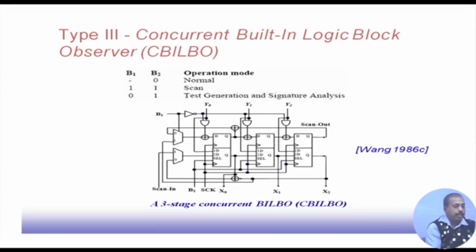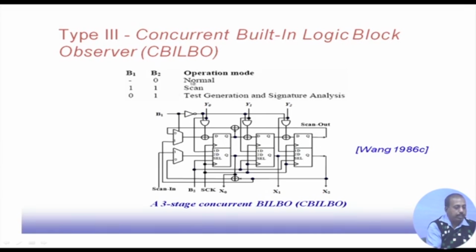There is another structure which is known as C Bilbo or concurrent Bilbo. Here these individual stages are there, but they can operate simultaneously. Here we have got 3 modes: whenever B2 is 0, that is the normal mode of operation, and these cells are the same as what we have seen previously.